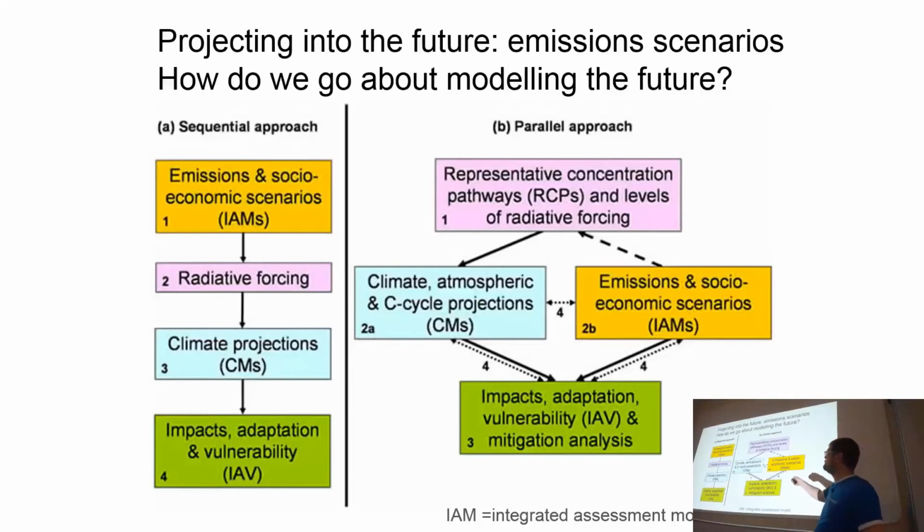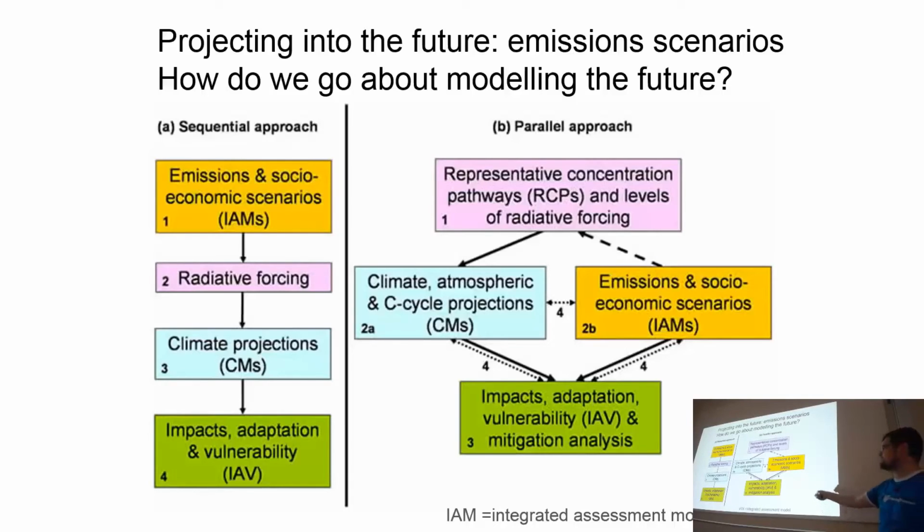And then we use the models to work out what emissions are required to meet those radiative forcings. And then that feeds into an economic model that works out what kind of economy you need to have to meet those concentrations of gases, and then how that links into how we adapt and what the impacts of that are.